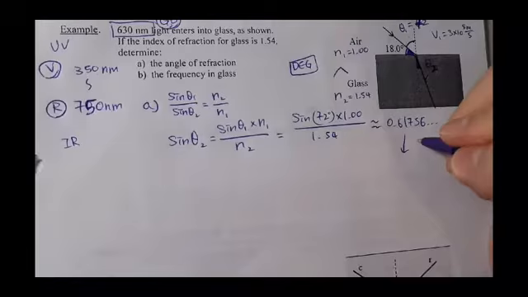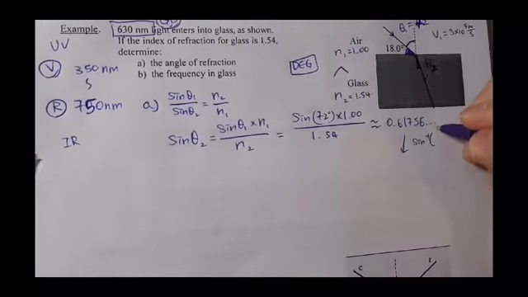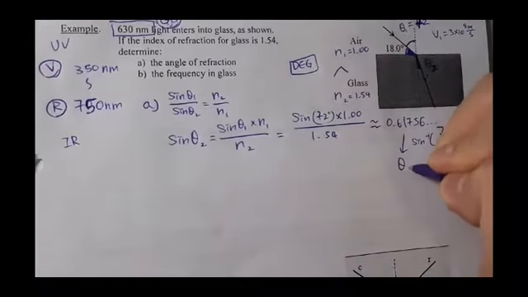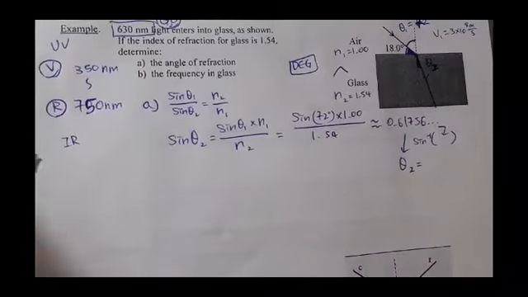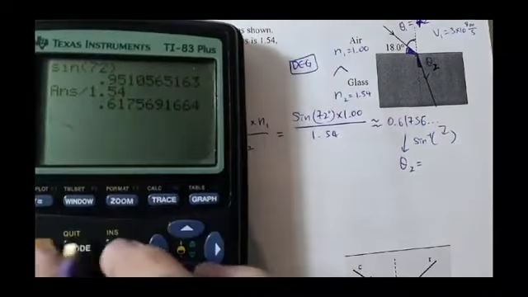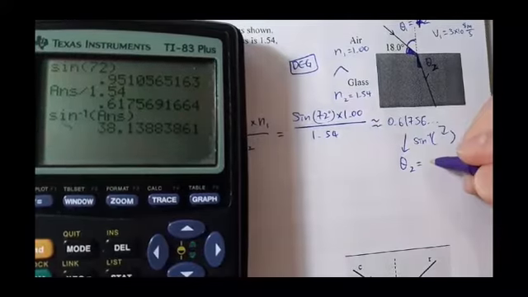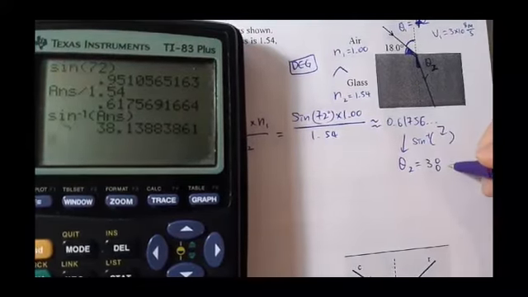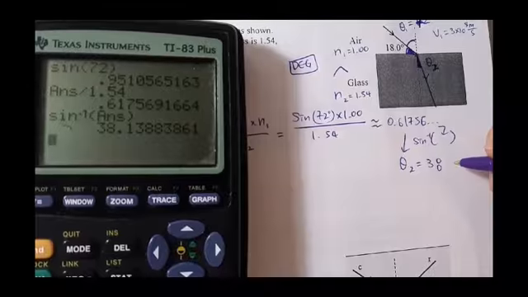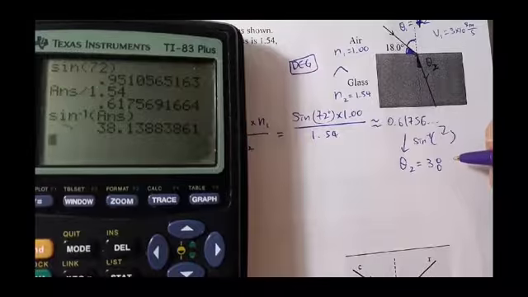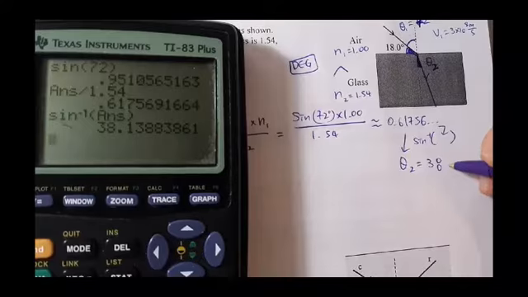Now what I need to do is use the second function, sine inverse, and put the previous answer in there to get my theta 2. That gives me 38.1 degrees.